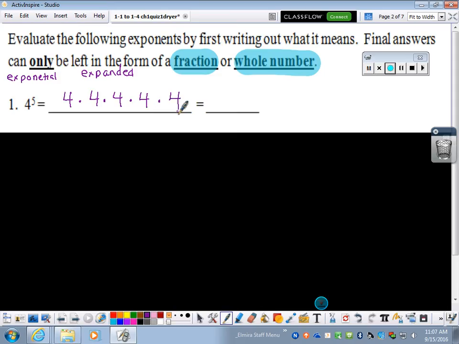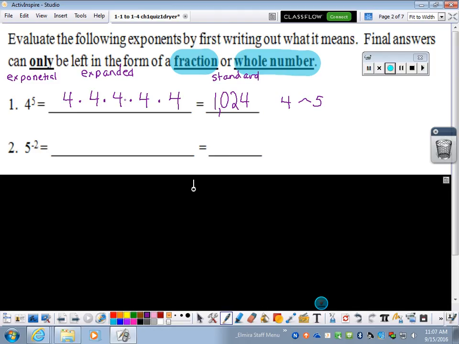And the very last line is asking for standard form, which means you can type into your calculator 4 caret 5 and get the answer of 1024. That's our standard form answer.